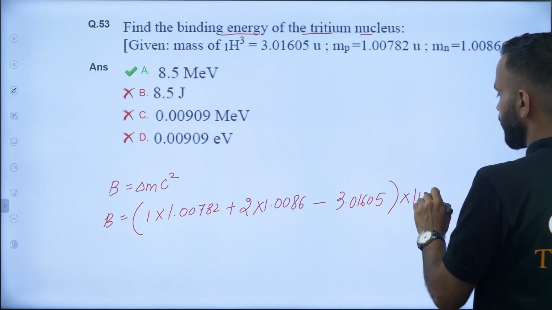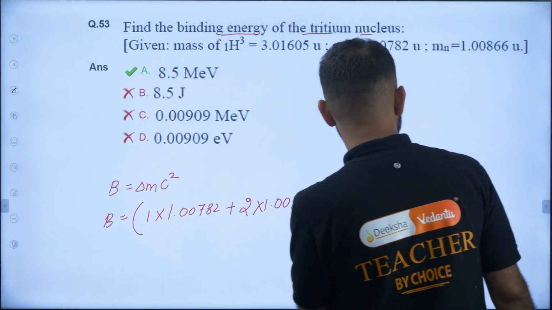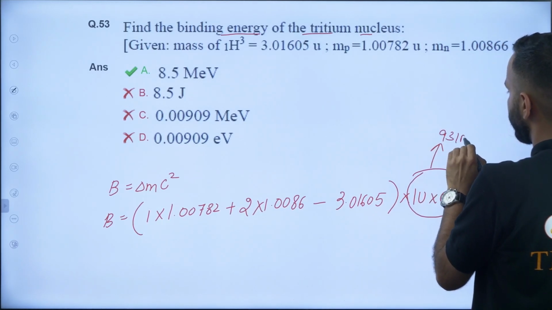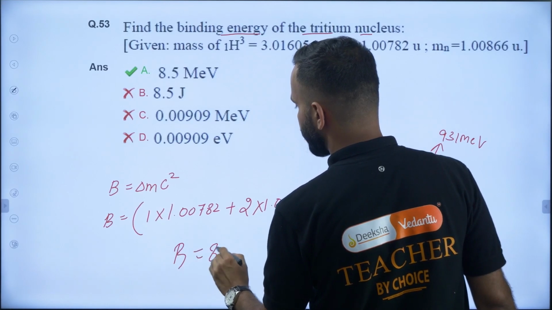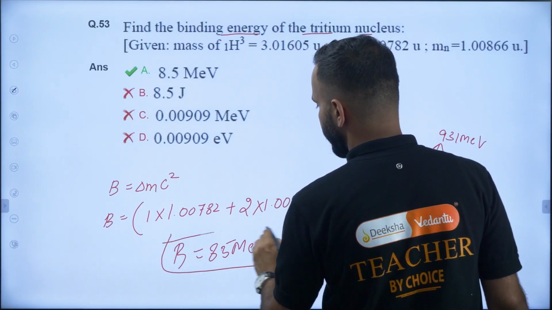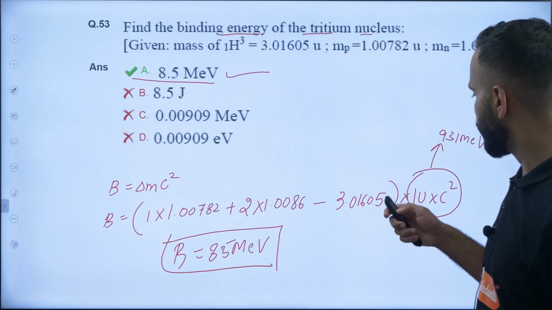Here 1 atomic mass unit into C square is 931 mega electron volt. So solve this, you will get B is equal to 8.5 mega electron volt. The correct option is A, 8.5 mega electron volt.